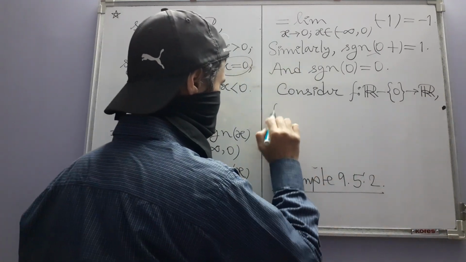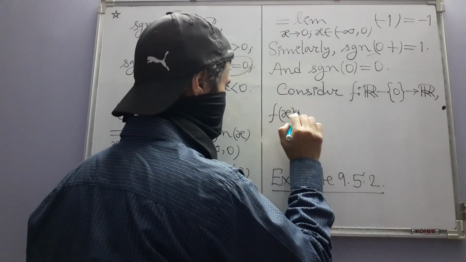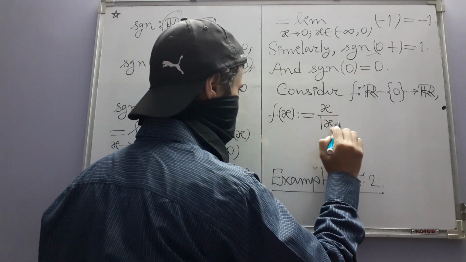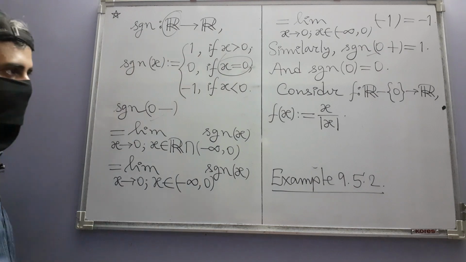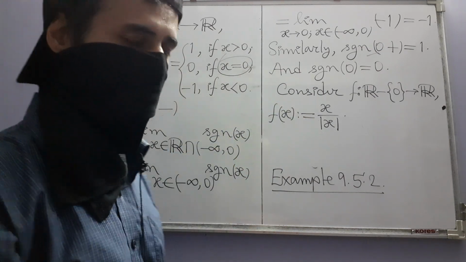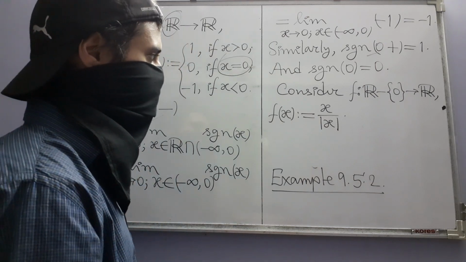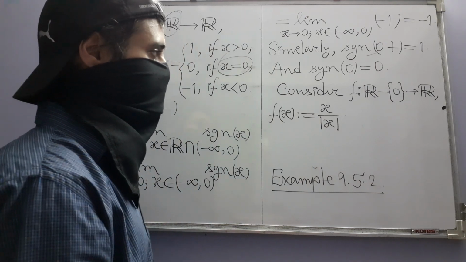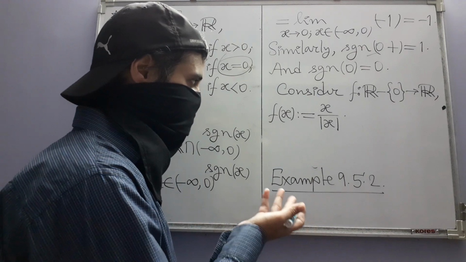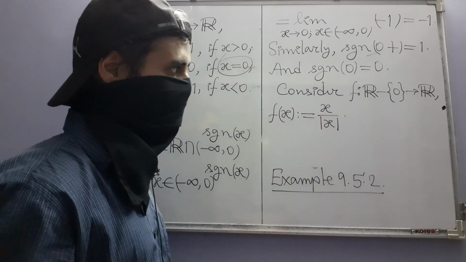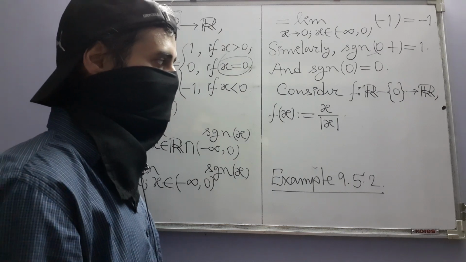And the function is defined by this formula. You can understand why we have removed 0 from R, because otherwise this is not defined. Then what can we say about the left and right limits of this function f at 0?